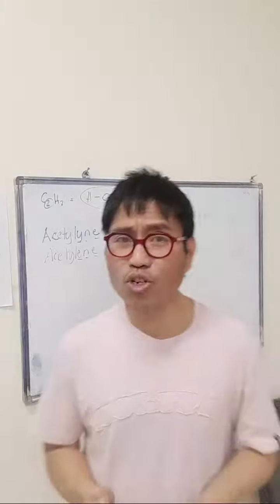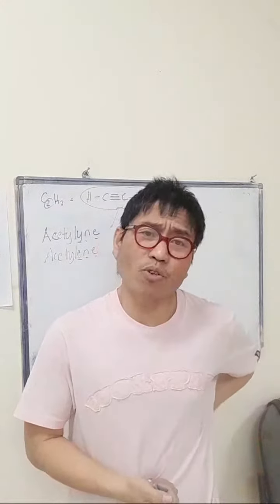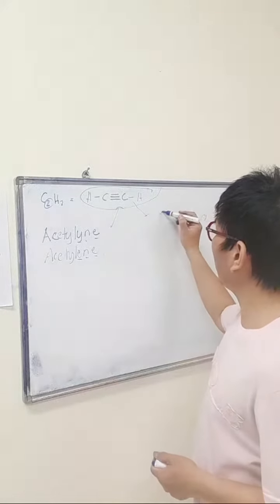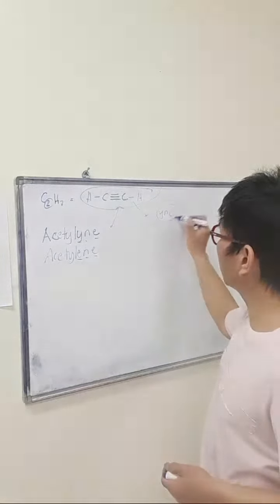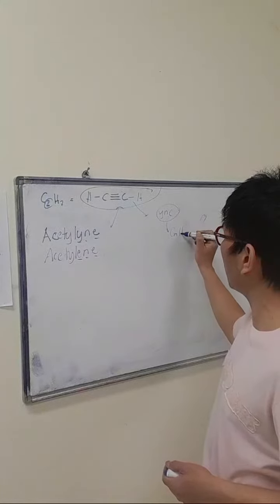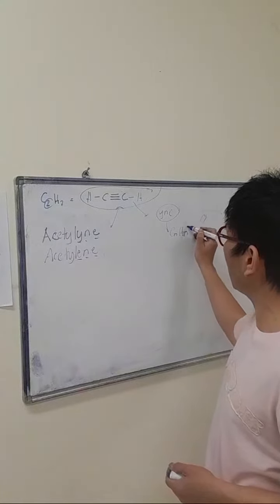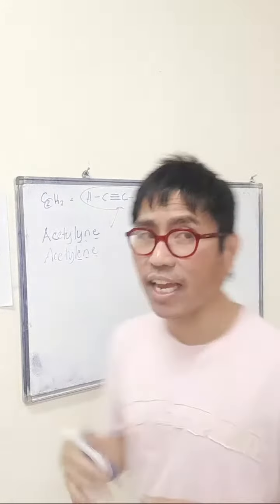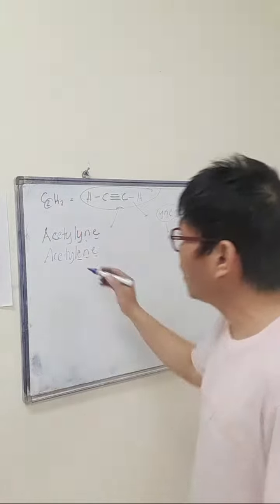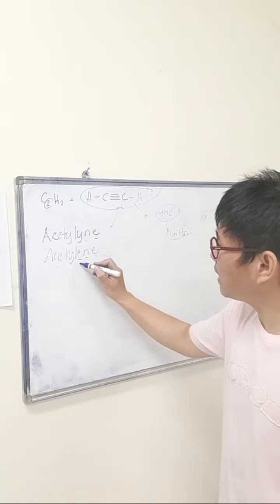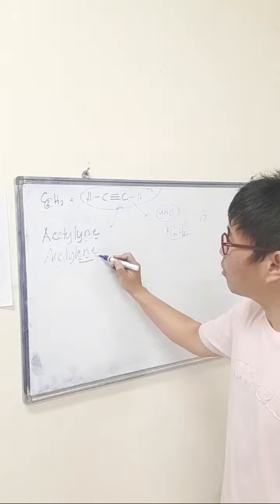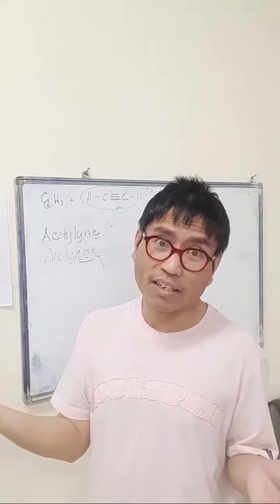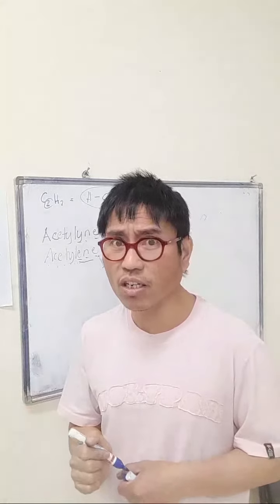Okay, this is an exemption. The acetylene gas is an exemption in the hydrocarbon rule because you said triple bond is YNE, right? Using the CnH2n formula. Now, your acetylene spelling in the dictionary or in science ends in ENE. Meaning, supposedly, it is a double bond because of ENE, and yet it is a triple bond. So, this is the exemption.